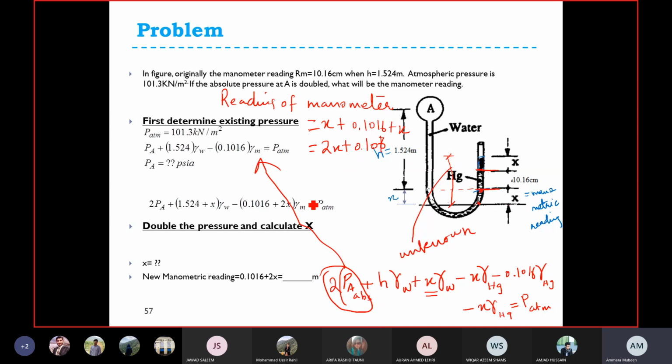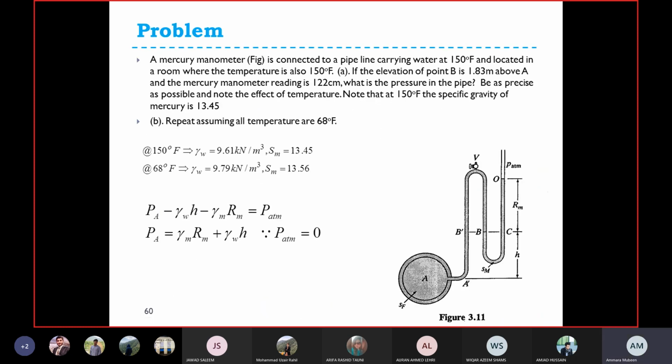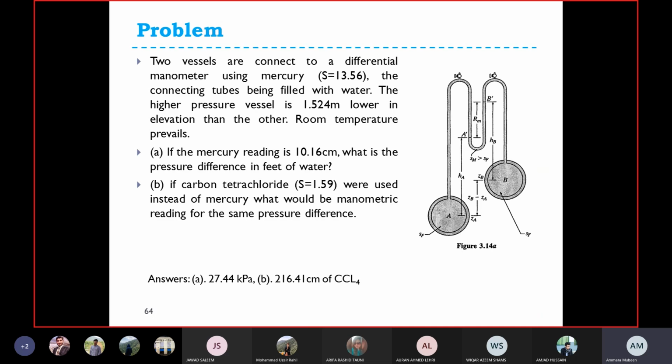Any question, please let me know. Any question? There are some other questions like the same. You just need to write the correct equation for the manometer and get the value of pressure. I expect that you will be doing these questions in the presentation.